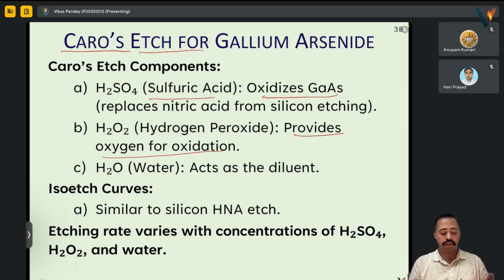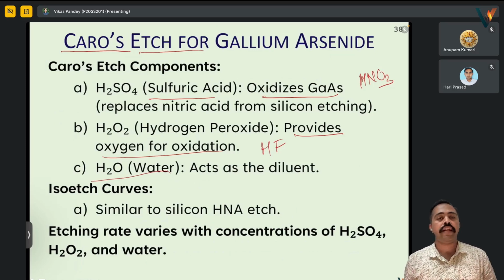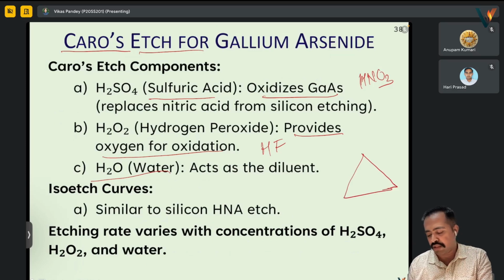There, HF was there and HNO3 was there. So HNO3 is replaced with H2SO4, sulfuric acid. HF is replaced with hydrogen peroxide. And here water is a good diluent. Okay, so water is used, and that is Caro's etch method. The isoetch curve will be very similar to the HNA one, just the chemicals will change.